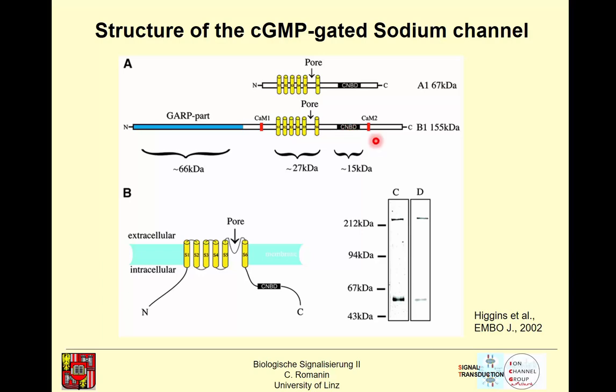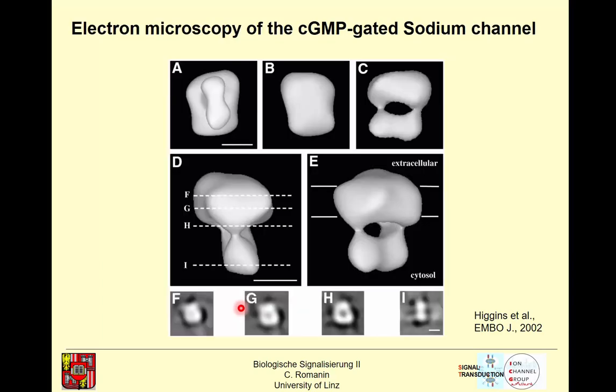And the main point is, when cyclic GMP is hydrolyzed in the cytosol, you see a decrease in the cytosolic concentration. So the equilibrium is shifted by dissociation of cyclic GMP from the channel, and then in turn the channel gets closed. You see here it's the classical 6 transmembrane helices. We do not have a voltage sensor here because that's a classical ligand-gated channel. The ligand is cyclic GMP, but of course we do have a pore, we do have a selectivity filter.